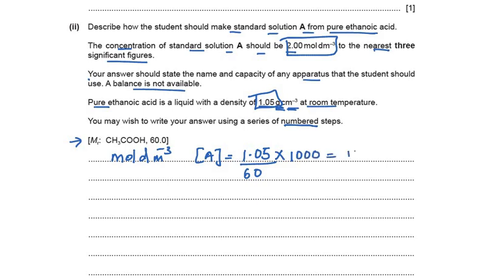So our answer is 17.5 moles per dm³. Now you can say this is the concentration of the pure liquid.